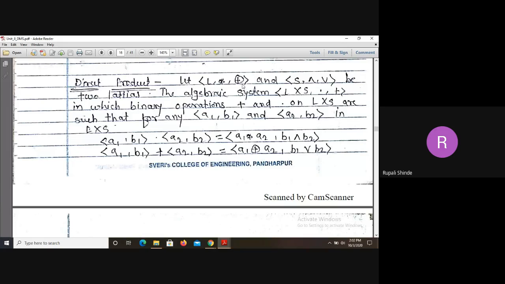Likewise for the join operation, again there are three alternative symbols: first is XOR, second is OR, and third is plus. So if you perform the dot operation on these two ordered pairs, you will get a result containing star and and. This result is shown here as A1 star A2, the first result, comma B1 and B2.